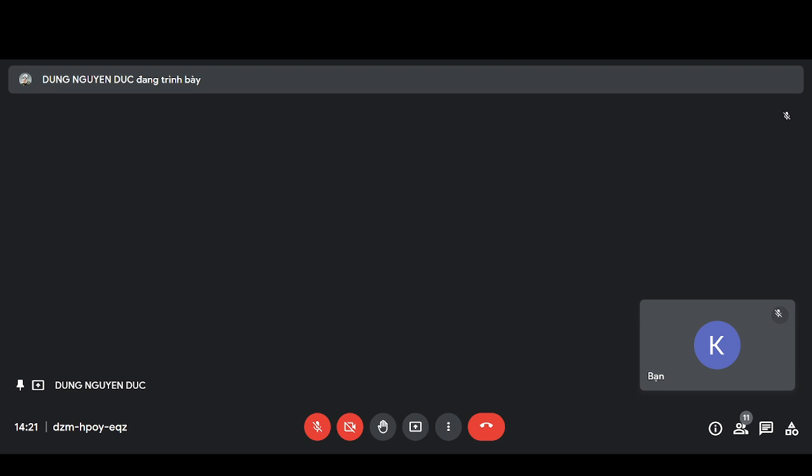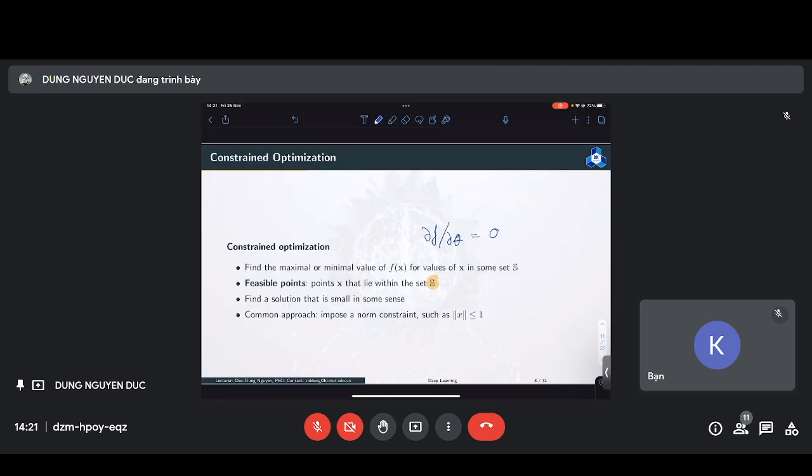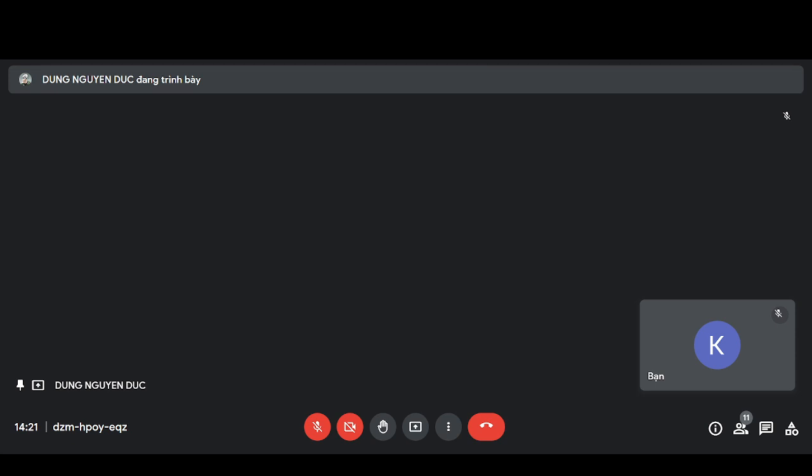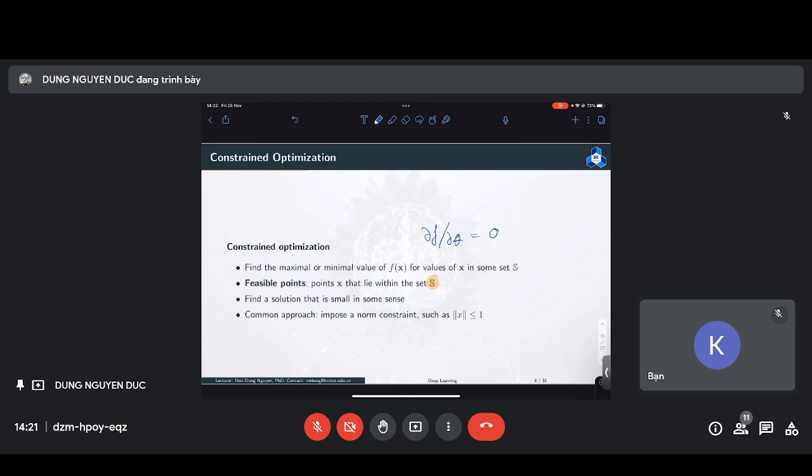Because if you want to optimize the function f, then that should be the extreme of the function. Therefore, you are dealing with the point where the derivative is zero.